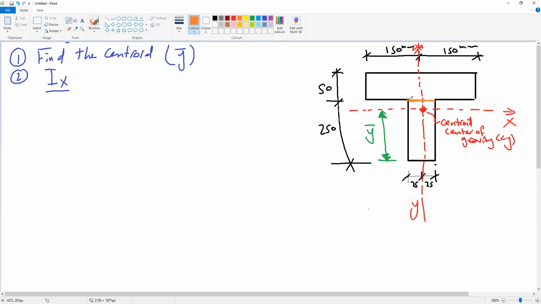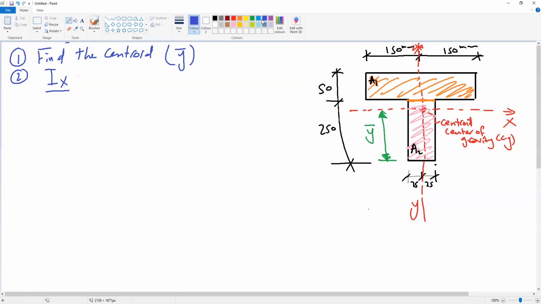If I divide here, we have A1 in orange and A2 in pink. So we have two areas, A1 and A2. These two areas are rectangles, so we know where their centroids are and how much the inertia is for each section alone.